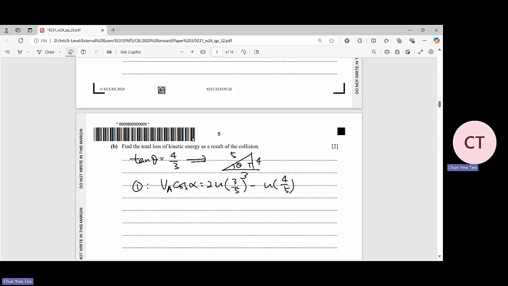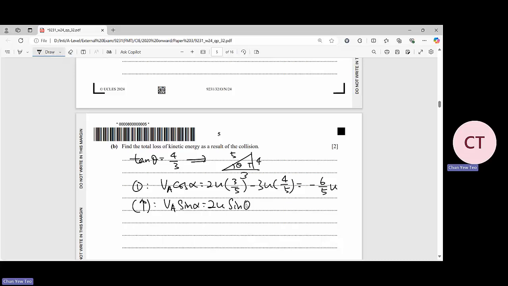By pressing the calculator, you get 6 minus 12, which is negative 6/5 u. Then, for the component perpendicular to the collision, VA sine alpha is equal to 2u sine theta.